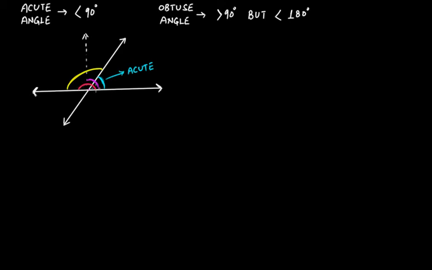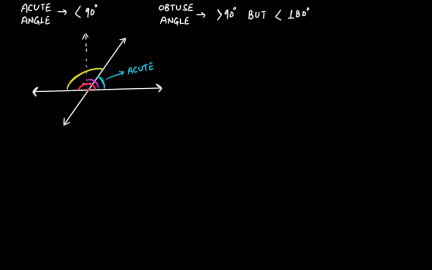If you are taking this as a point and this line is passing through this point, of course this portion of the line and this portion of the line will behave as two different rays passing in completely opposite directions. Therefore this angle will be a straight angle, that is 180 degrees.